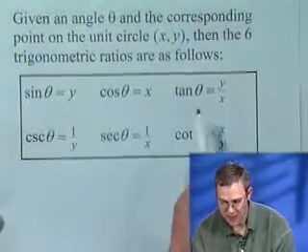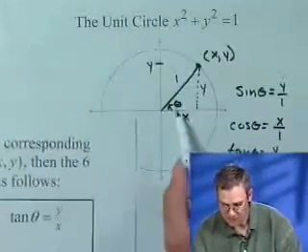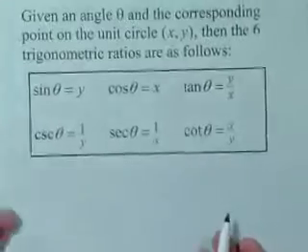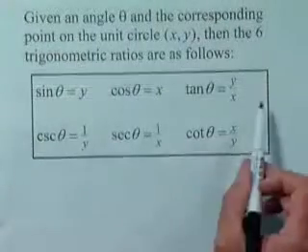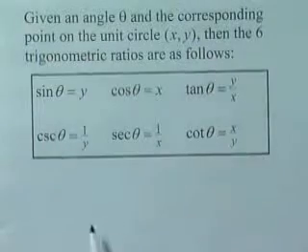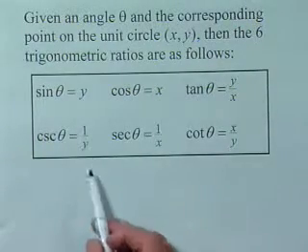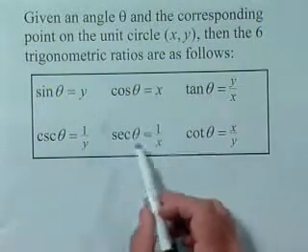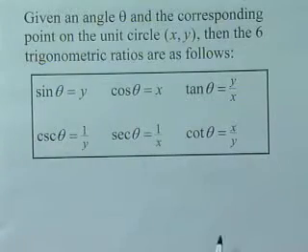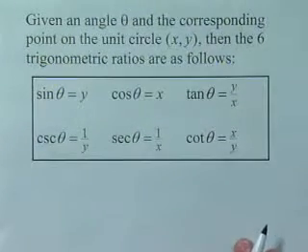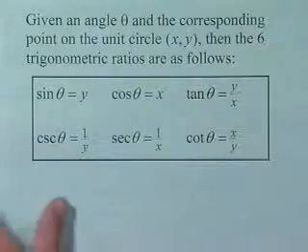Tangent of theta is opposite over adjacent, so y over x. Cosecant is the reciprocal of sine, which is 1 over y. Reciprocal of cosine is secant, which is 1 over x. And reciprocal of tangent is cotangent, which is x over y. All right, let's look at an example.